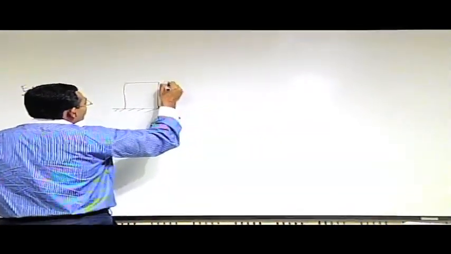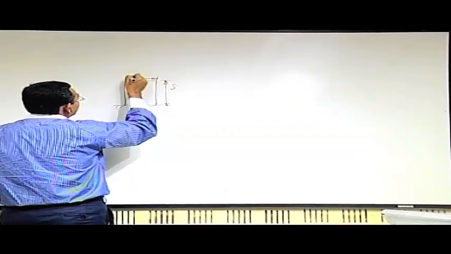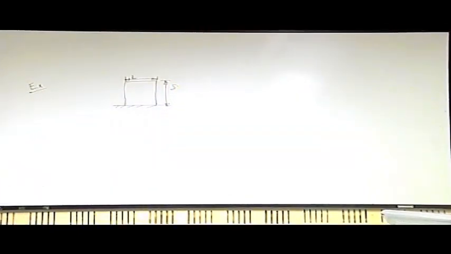The dimension of the plate is given as the height is delta and the width is L, and you have a free stream velocity.